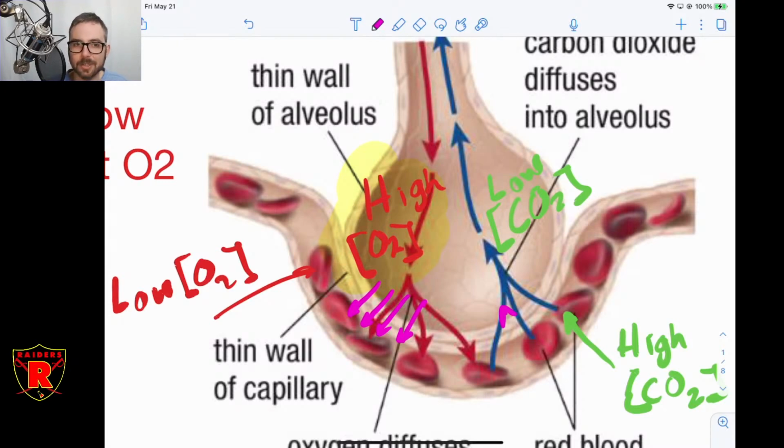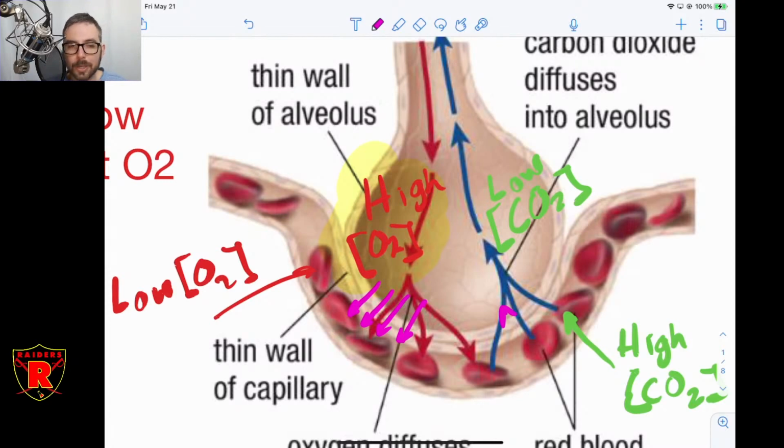It's called a gradient because it's very high on one end and low on the other. That's a gradient. It's keeping the concentration gradient in existence. There's a gradient, a difference in the amount from one side to the other. And as long as you maintain that gradient, you are going to continuously push oxygen, for lack of a better word, it's just diffusion that's pushing it, but push oxygen into your blood.